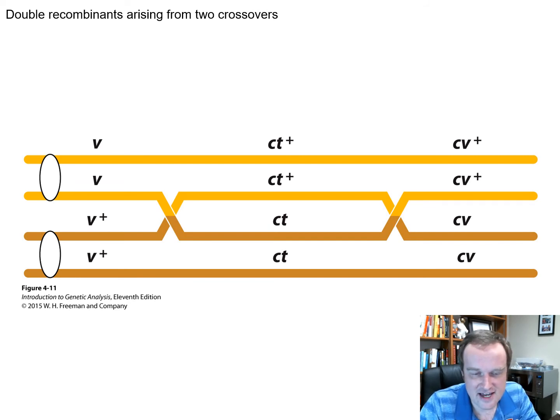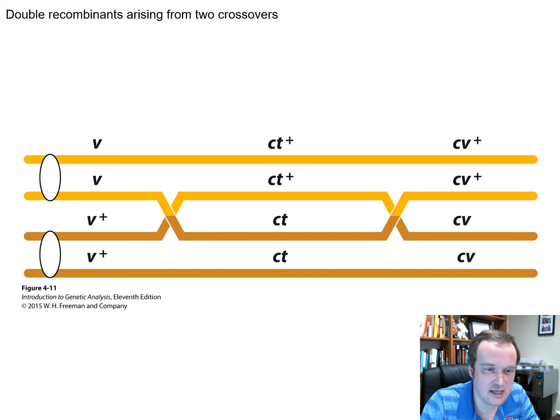So the reason for that is that we're not counting double recombinants. In the comparison of V and CV, it's possible that we get recombination where we swap out the middle gene, but we leave V and CV alone. So we get this double recombination event that happens in between the two.